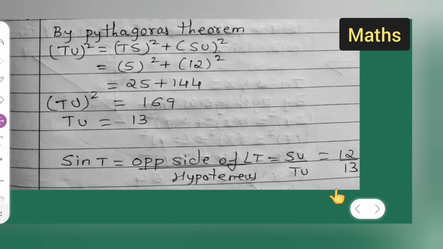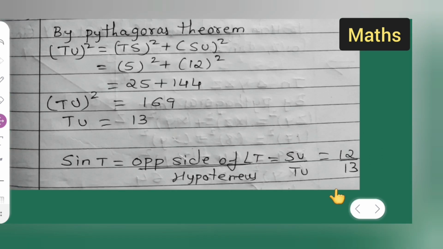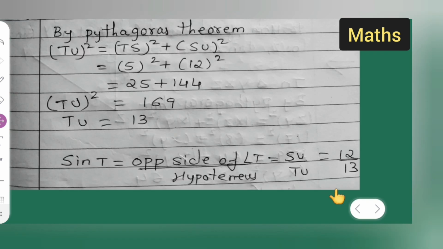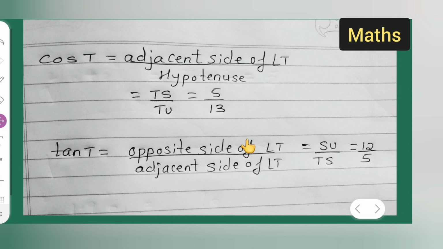Now let us see what is cos T. The formula is adjacent side upon hypotenuse.